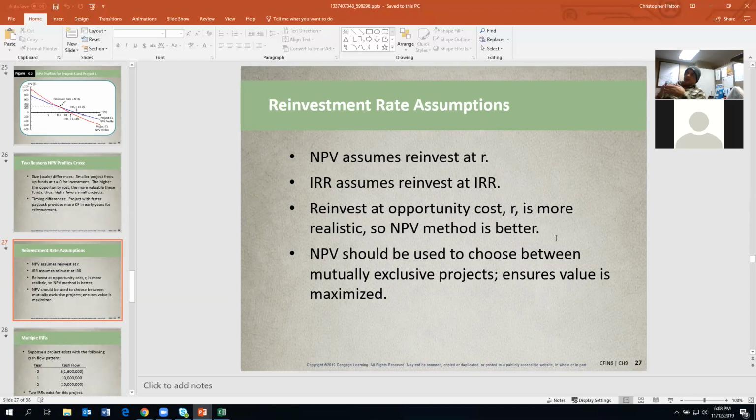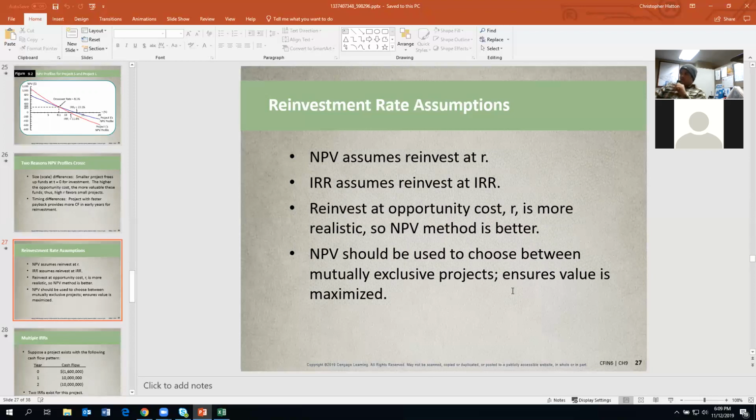And that's saying we want to reinvest as long as the net present value is positive. So when you're doing it on reinvestment, always go with net present value because it'll give you a positive outcome.